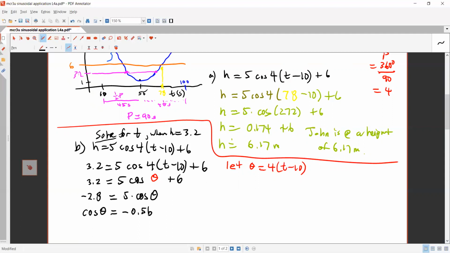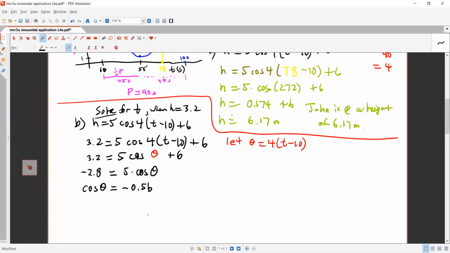Now, here's a good time to think about what's happening with trigonometry. That's why I like doing this example, even though it's not in our lesson 4. That's why I did a supplementary. Cosine theta equals this negative ratio. And again, you learned from the unit circle, where will this angle form?